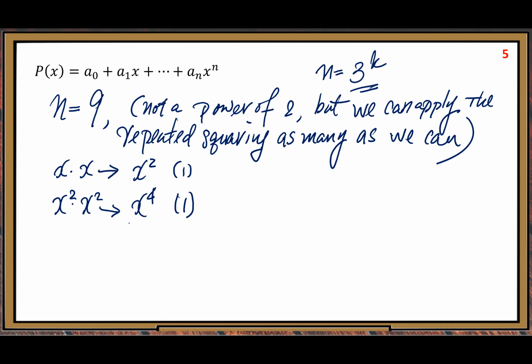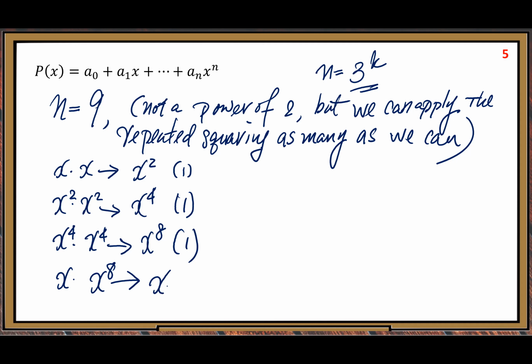Then x to the 4th times x to the 4th, we get x to the 8th, our third multiplication. The last one, x times x to the 8th, that is x to the 9th. So in total, 4 multiplications.